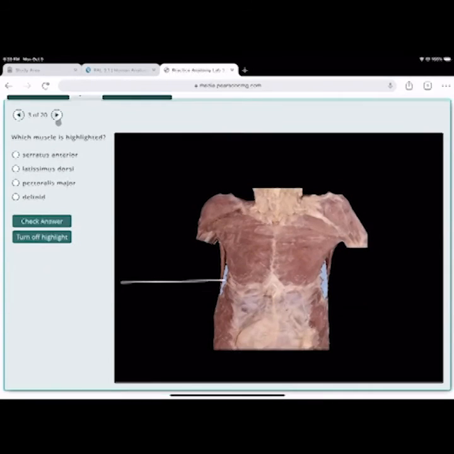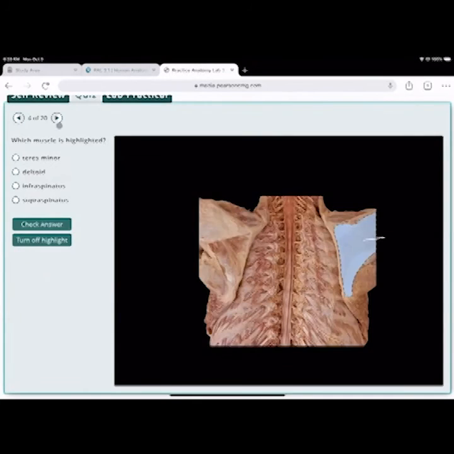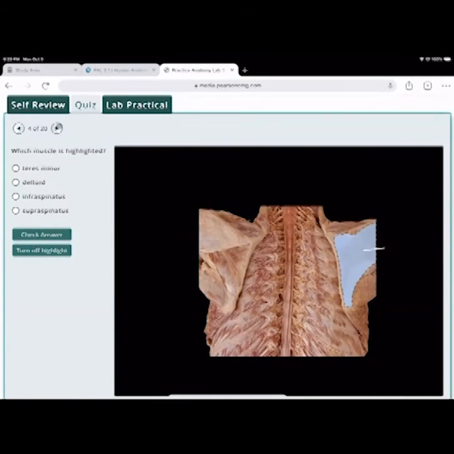All right. Which muscle is highlighted on the side there? Serratus anterior. Yep, good job. Which muscle is highlighted here? It's a deep dissection. The infraspinatus. Yep, very good.